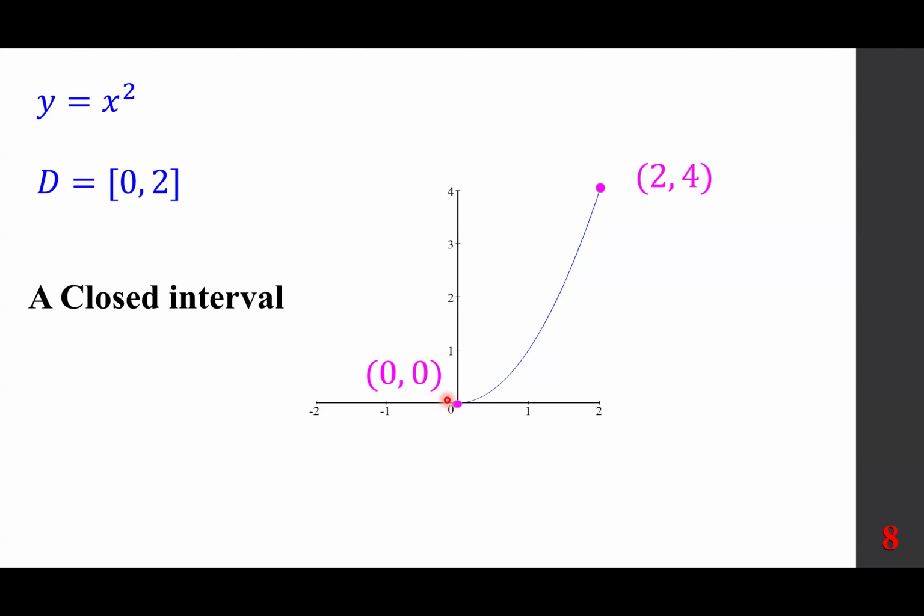This is an absolute minimum. This is an absolute maximum, and there are no local extremes. So absolute minimum is 0 at (0, 0). Absolute maximum equals 4 at (2, 4). No local extremes. Endpoints can only be absolute, if anything.